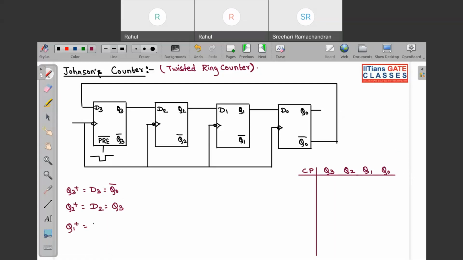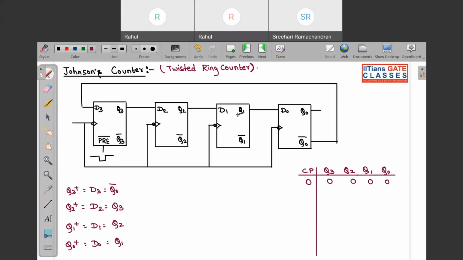Q1 plus is equal to D1, that is equal to Q2. And Q0 plus is equal to D0, and D0 is equal to Q1. Again, let us assume that at clock pulse 0, this is 0, 0, 0, 0.